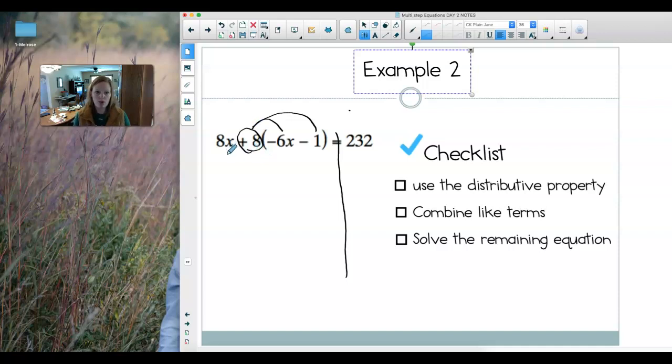So we have 8x, that just stays there. +8 times -6x is going to be plus -48x. And then 8 times negative, this is a -1, so be really careful there, is going to be plus -8. So we've used the distributive property.